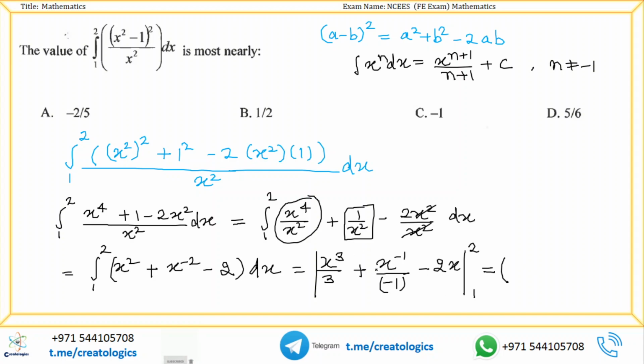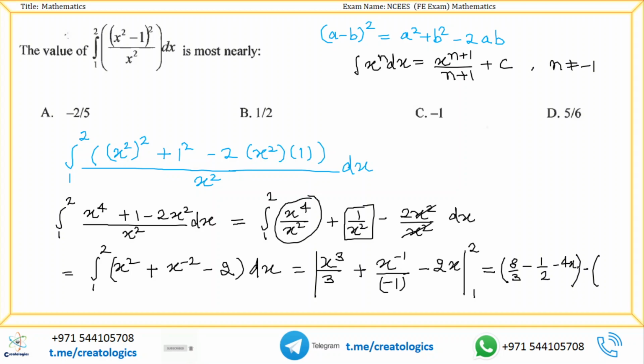We get 2 cubed by 3, which is 8 by 3. Then we have x raised to the power minus 1, which you can also write as 1 upon x, so with the negative we get minus 1 upon 2, then minus 4. This is by upper limit substitution.